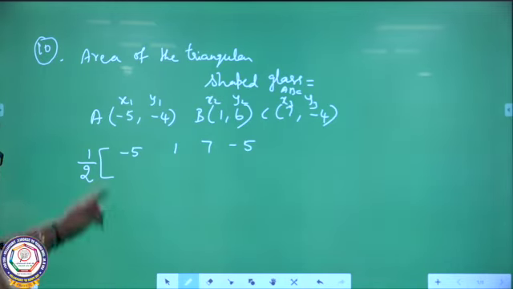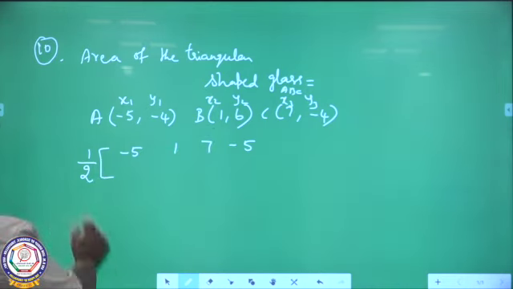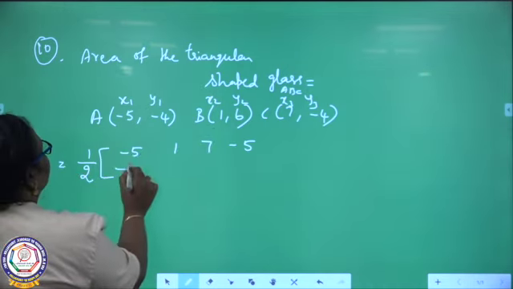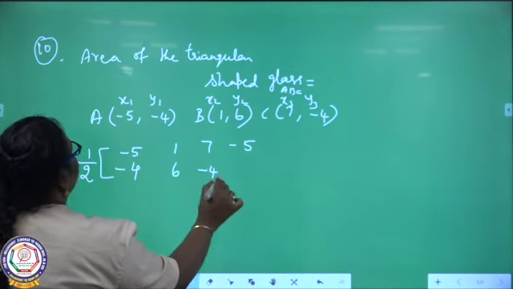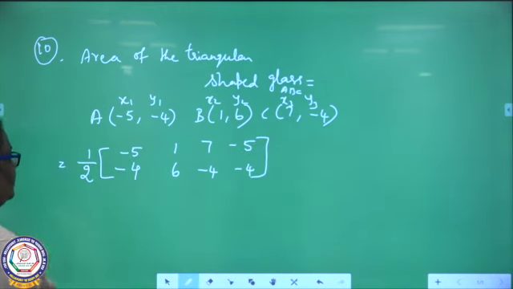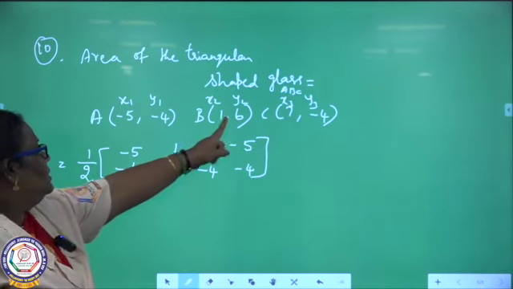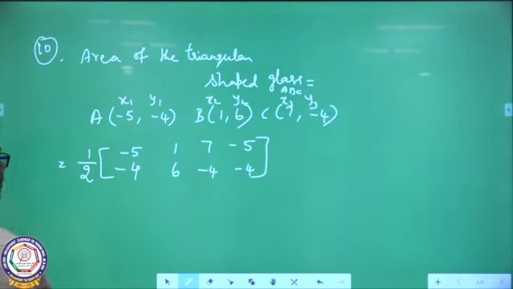Then the y coordinates: -4, 6, -4, you end up with -4.